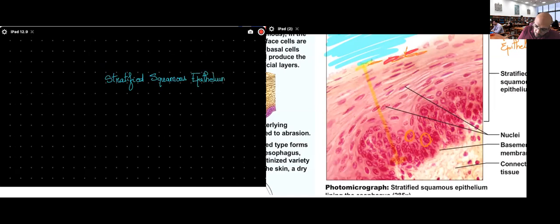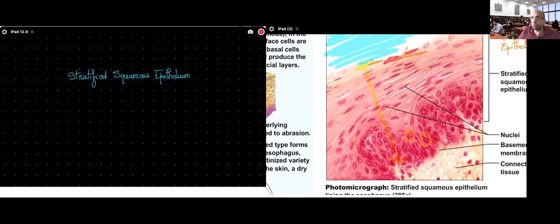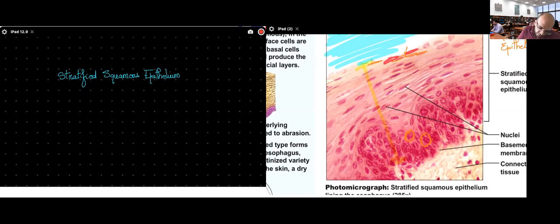But you need to remember that you do have two varieties of the stratified squamous epithelium. We have two types: keratinized or non-keratinized. What I mean by keratinized and non-keratinized.